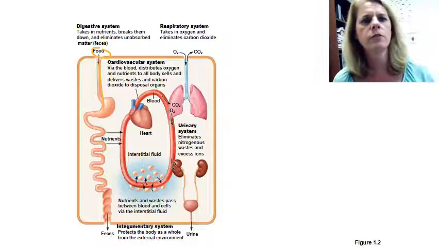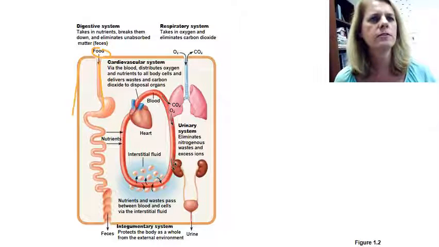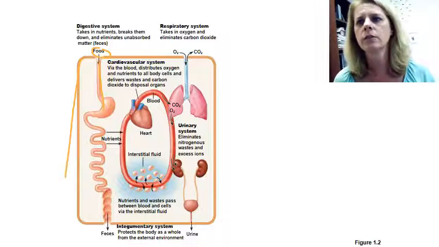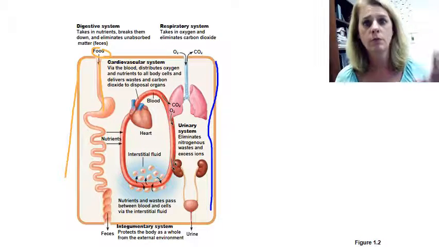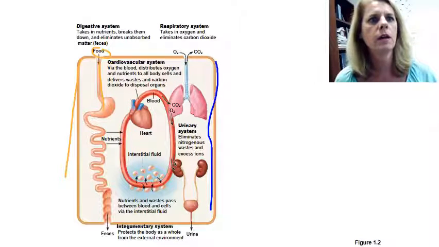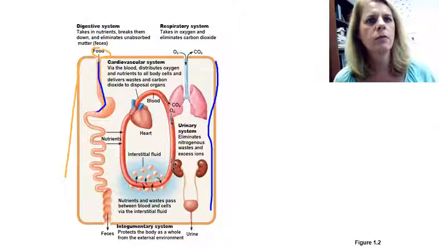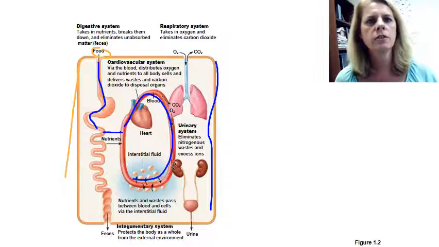All your systems are on this page. So you have your integumentary system here. Let me change colors. Integumentary system here, basically making your boundary, holding your body together, making the shape of the body. You have the food entering in, going through the digestive system. So the nutrition, once it's broken down, is going to be absorbed into the blood. The blood's then going to carry that throughout the body. Oxygen is going to enter in from the air, go down your trachea to your lungs.